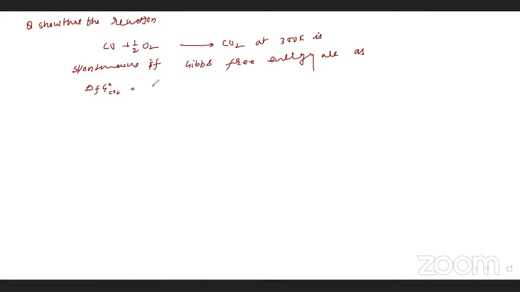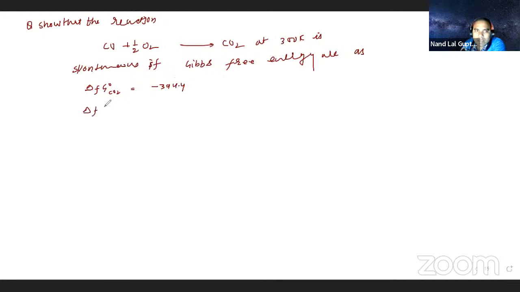They have given delta fG naught of CO2 as minus 394.4, and delta fG naught of CO as 137.2.